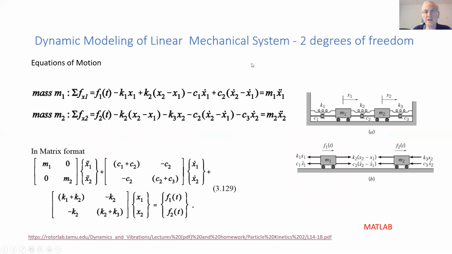In 2 degrees of freedom, the equations become a little more complicated. We see here the summation of forces on the first mass, and the summation of forces on the second mass. We see over here also the different parameters, the free body diagram, and the equations of motion in a matrix format.